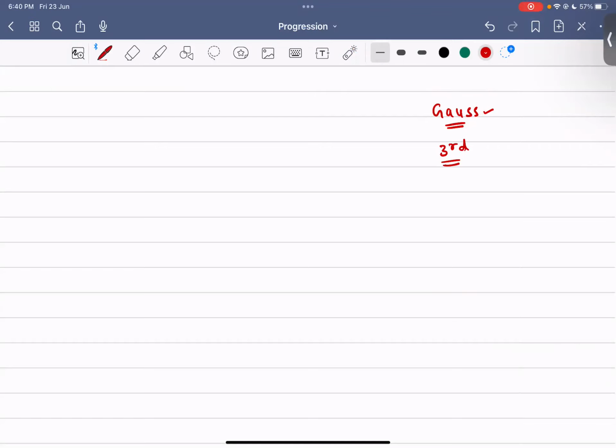When Gauss was in third standard, his lazy teacher used to give difficult questions to the students so that the teacher could sleep for at least 15 to 20 minutes. Whether it is true or not, I don't know, I read it somewhere.